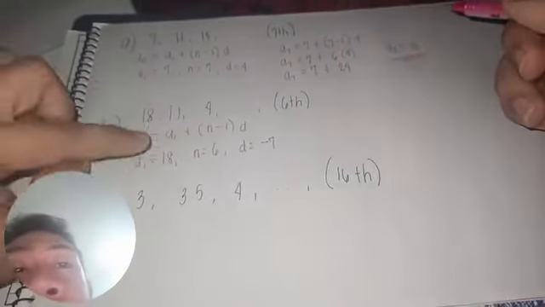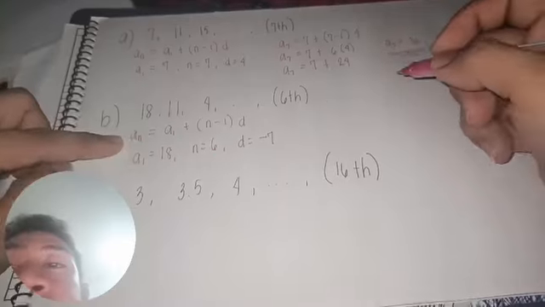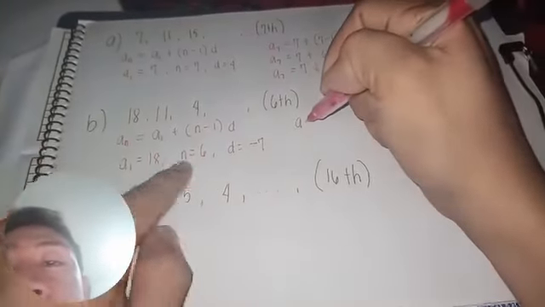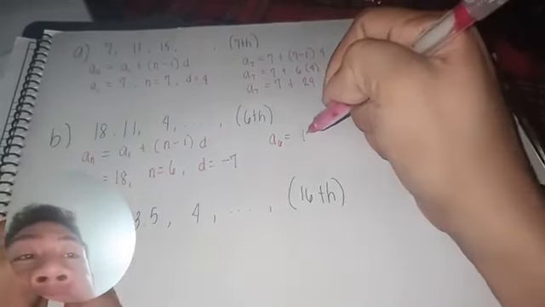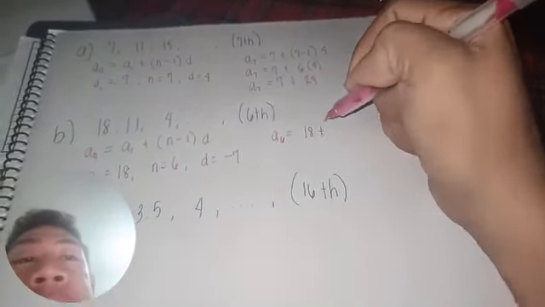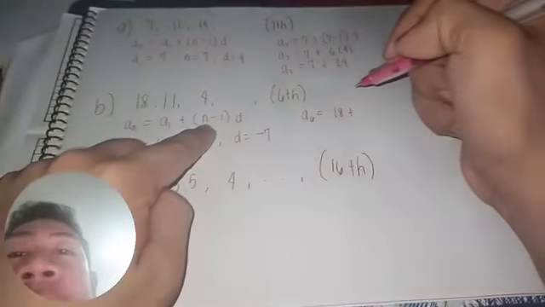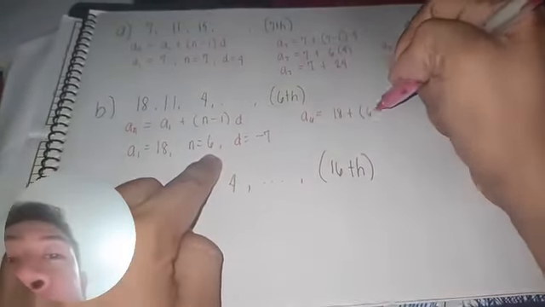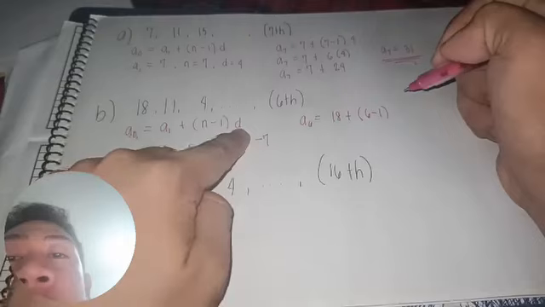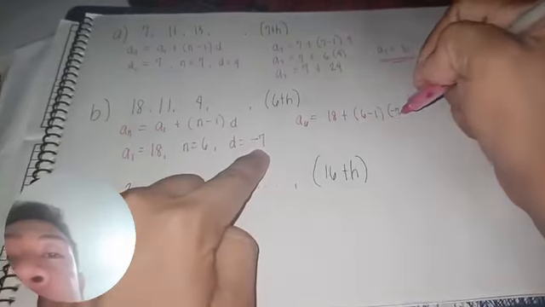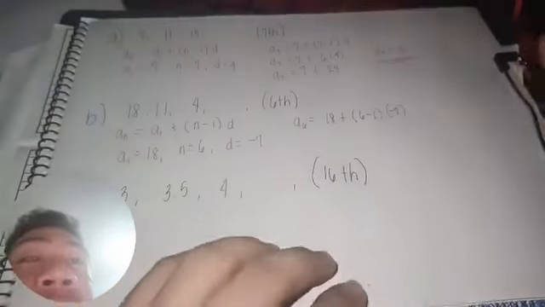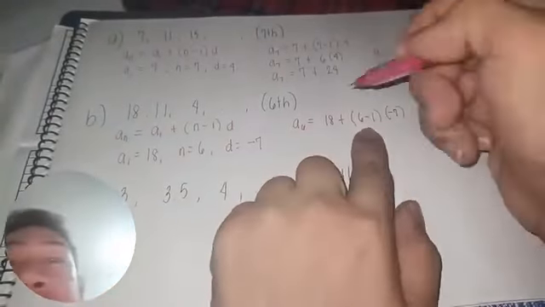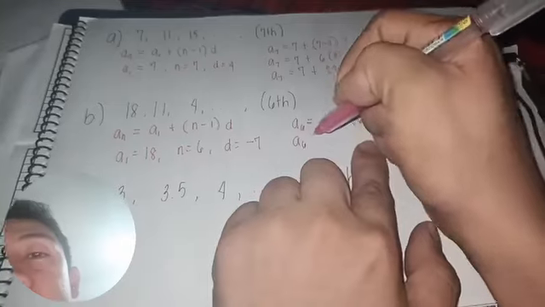Then we will plug into our formula. a sub n, which is a sub 6, is equal to the first term plus n, which is 6, minus 1, times the difference, which is negative 7. Then same process, do the groupings. That is 6 minus 1. Copy a sub 6.